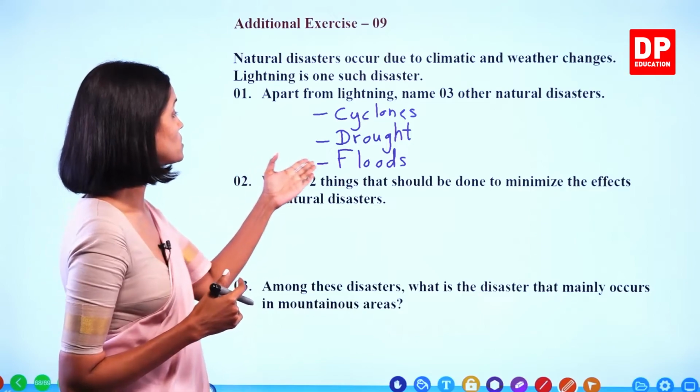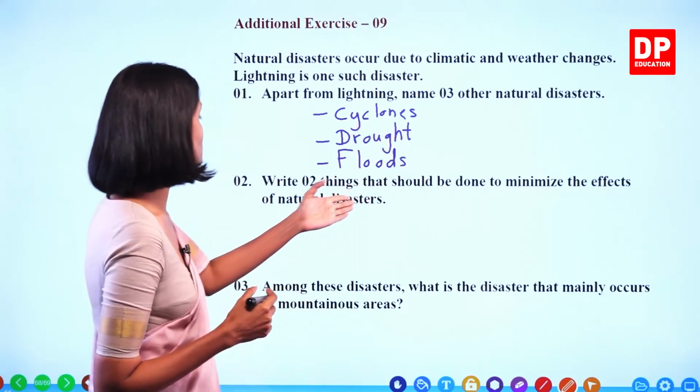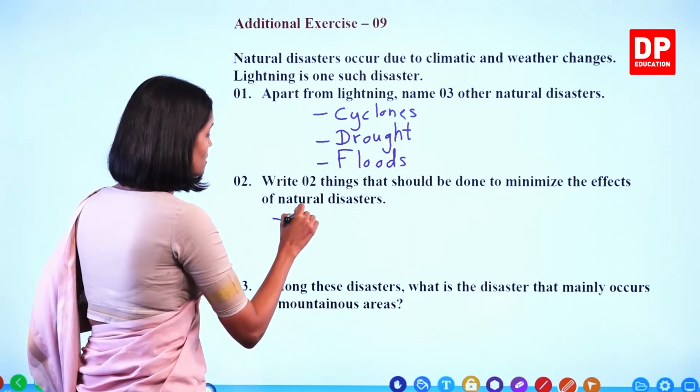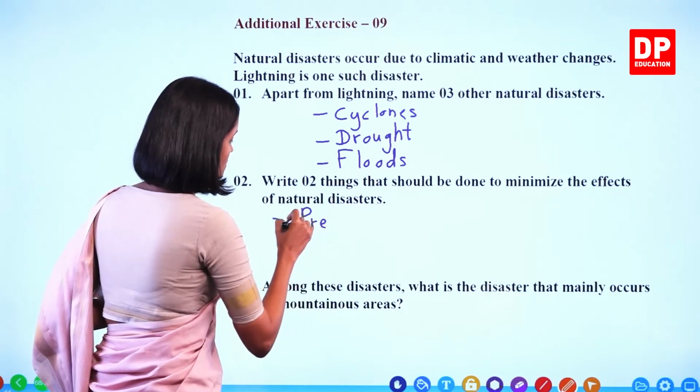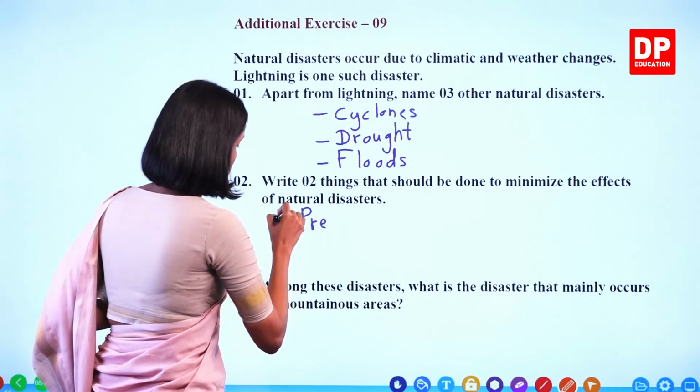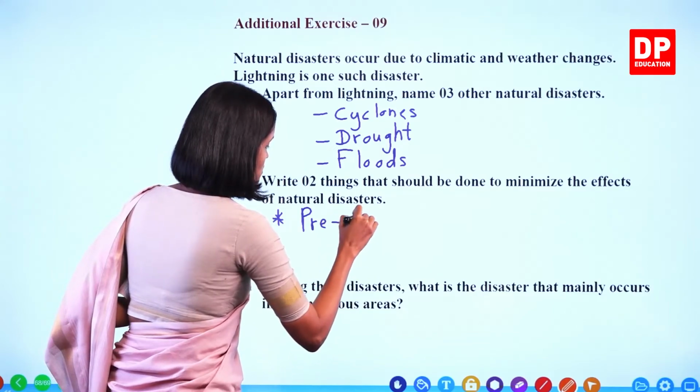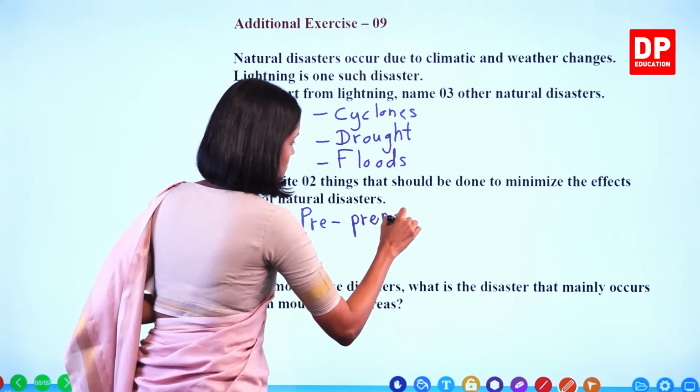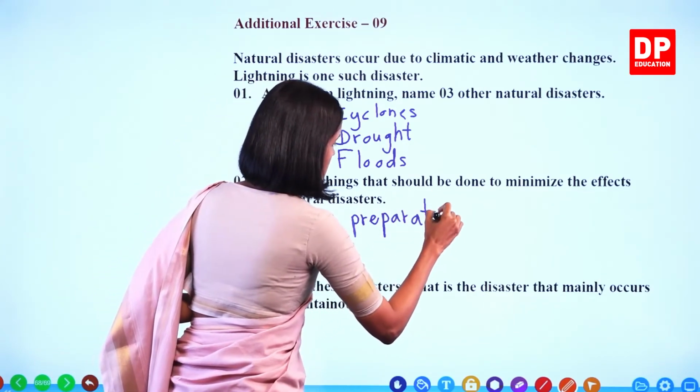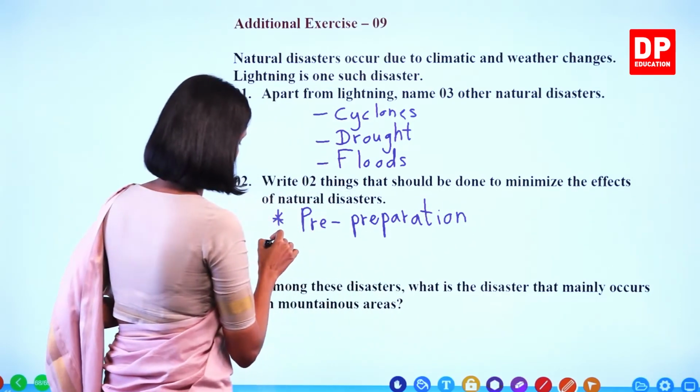Let's write 2 things that should be done to minimize the effects of natural disasters. Pre-preparation. Next one.